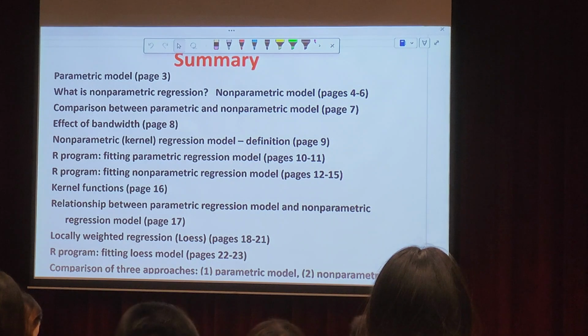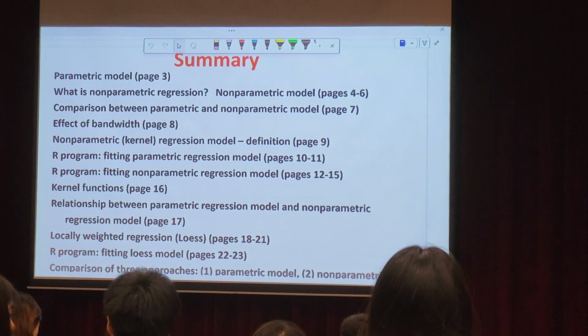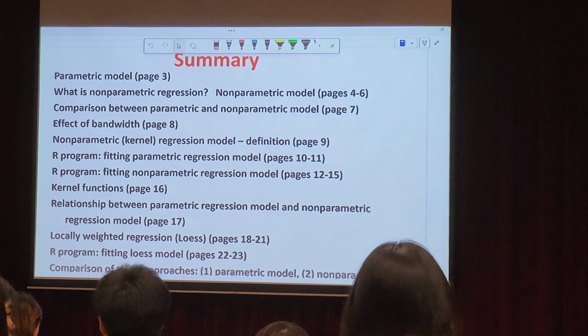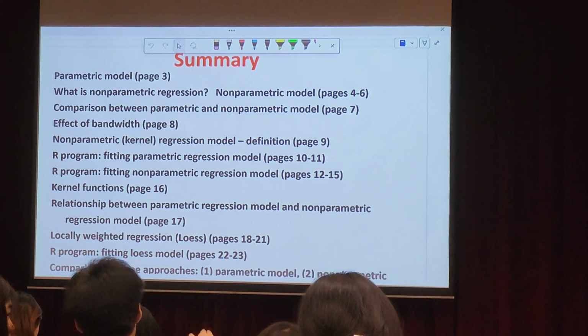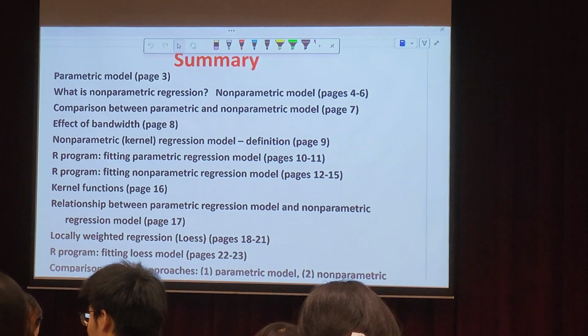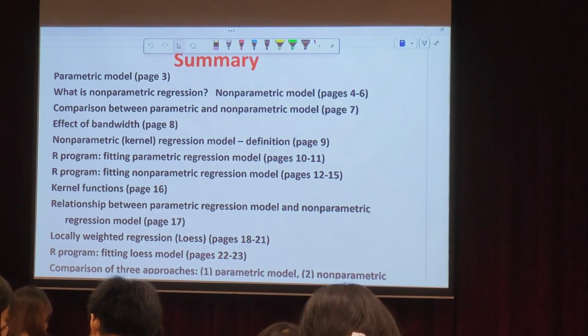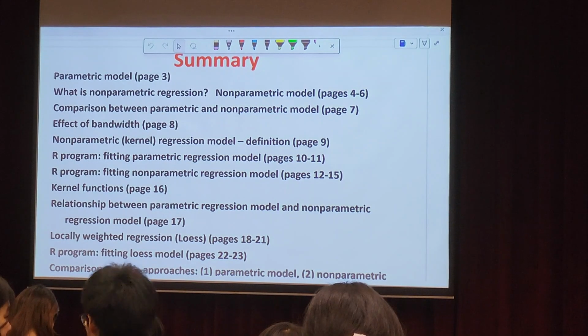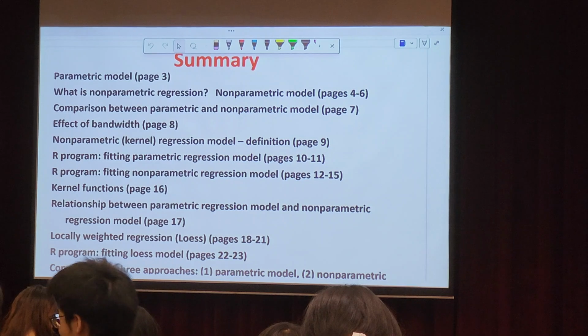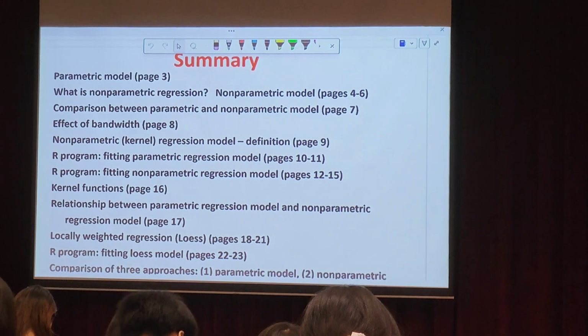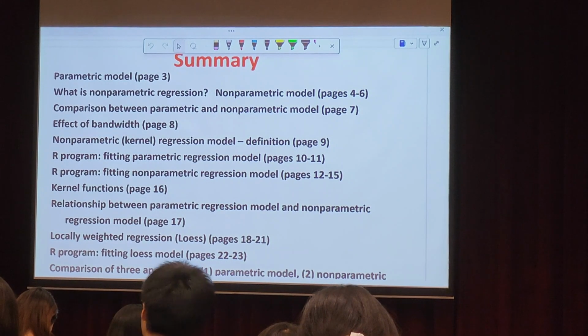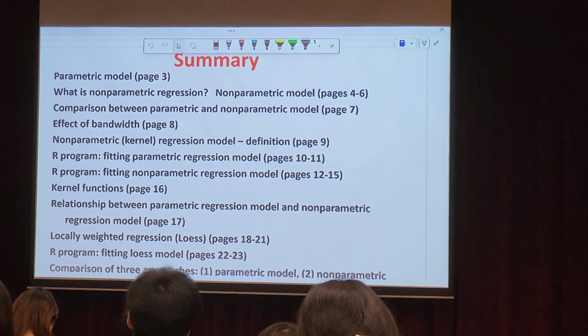All right, parametric model. So, what we have done so far is called parametric model. Today we are going to learn non-parametric model, in particular non-parametric regression. And I'm going to tell you what is parametric, what is non-parametric, and what's the difference between them.